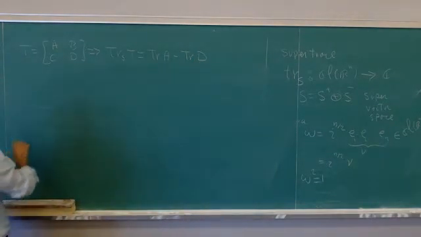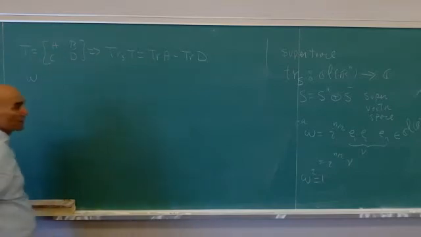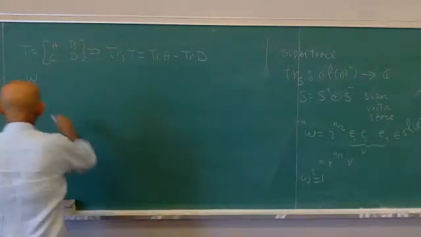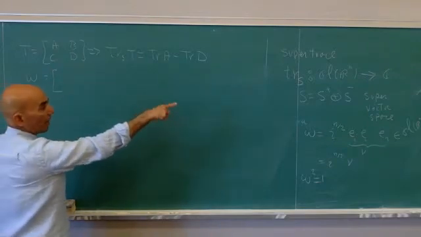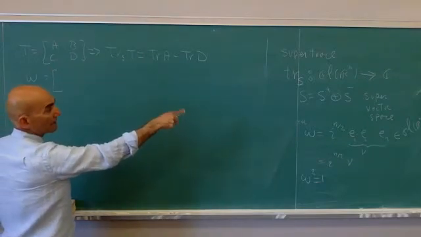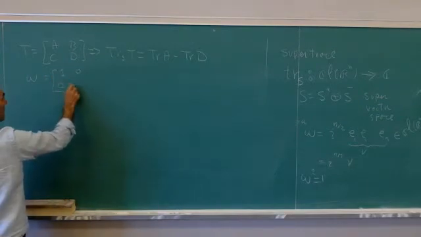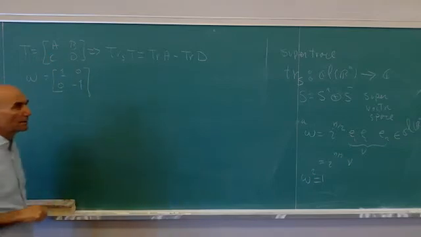Now, consider this element. In this decomposition, this element omega is acting by identity on S plus and by minus identity on S minus. So omega is really this element, if you think about it, in this decomposition.